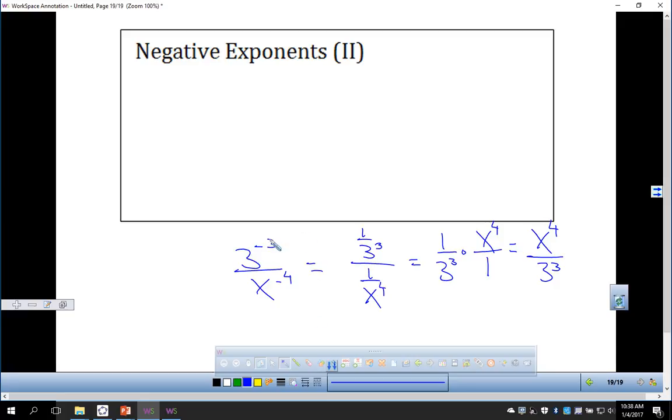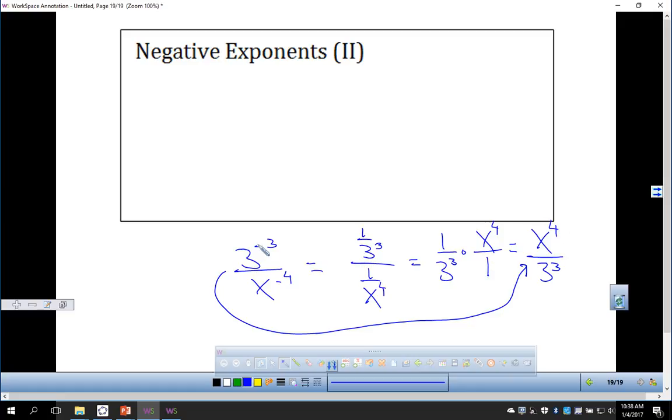See how this is 3 to the negative 3 here, and this is x to the negative 4? How could I quickly have gotten from here to here? If it's negative on the bottom, I can bring it up top and make it positive.